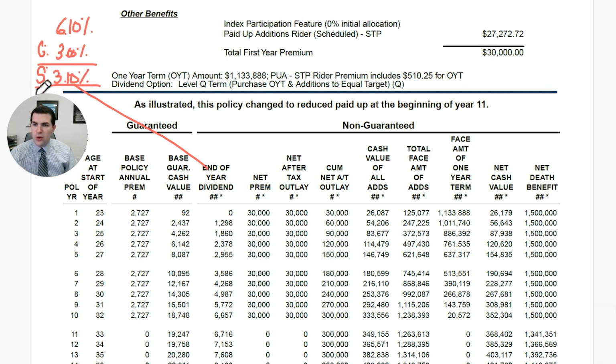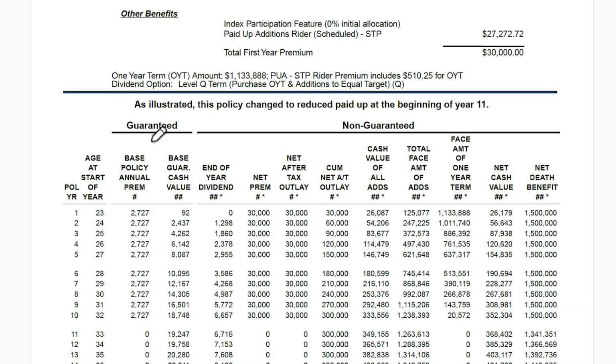And if you were just looking at your illustration and trying to make sense of all this, one of the best things you can do is look at the cash value growth after you've stopped making payments. You can look at it when you're still making payments, but you've got to back your payment out. If we're not making payments, it's a bit easier.